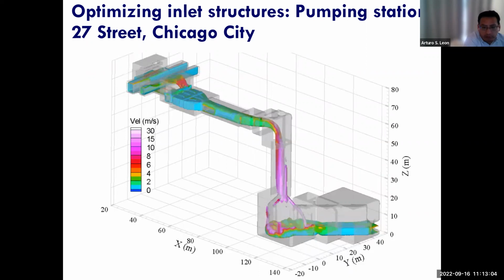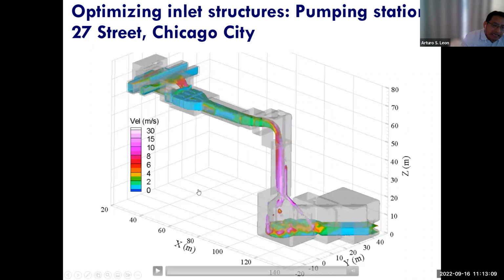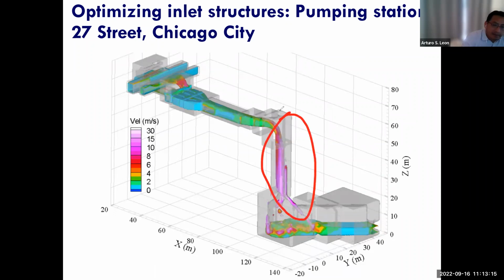And this was due to a number of reasons. One reason was that the drop shaft, which is this, didn't have enough capacity. Using the three-dimensional numerical model, we found that it didn't have enough capacity at the beginning. So there was a backflow.